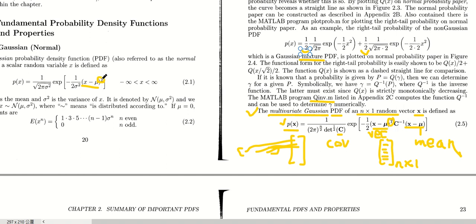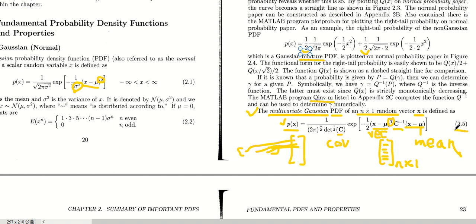So as I say, the square becomes transpose multiplied by itself. Now you have a sigma square. Sigma square becomes the inverse of the covariance matrix. It's represented by the inverse covariance matrix. If you put a one by one random vector into this formula, this equation 2.5 actually reduces back to 2.1.